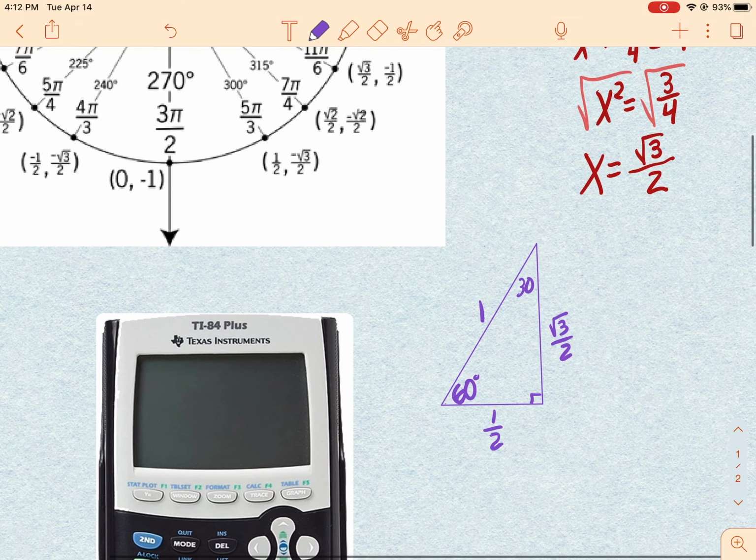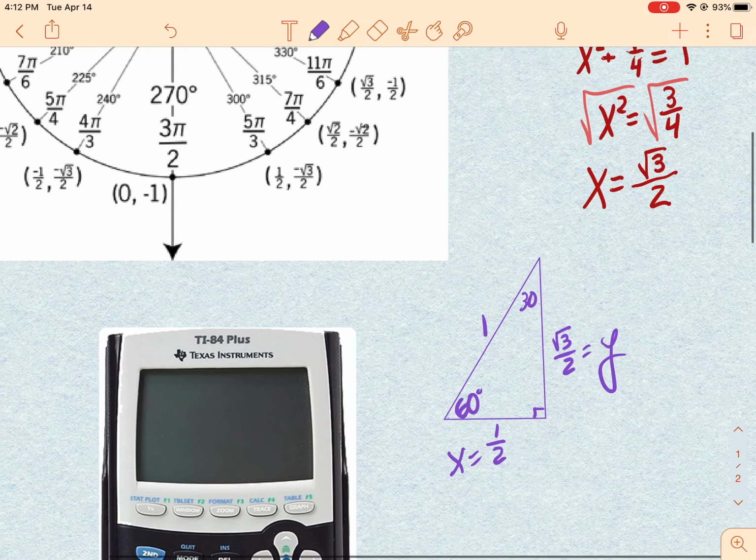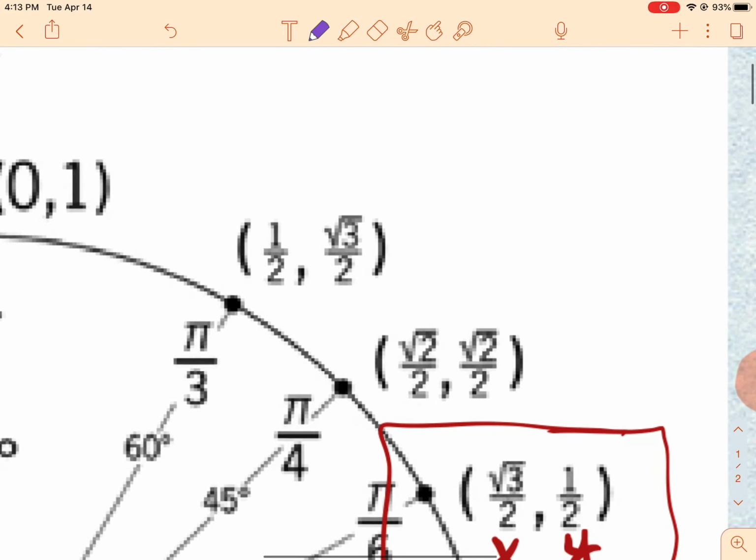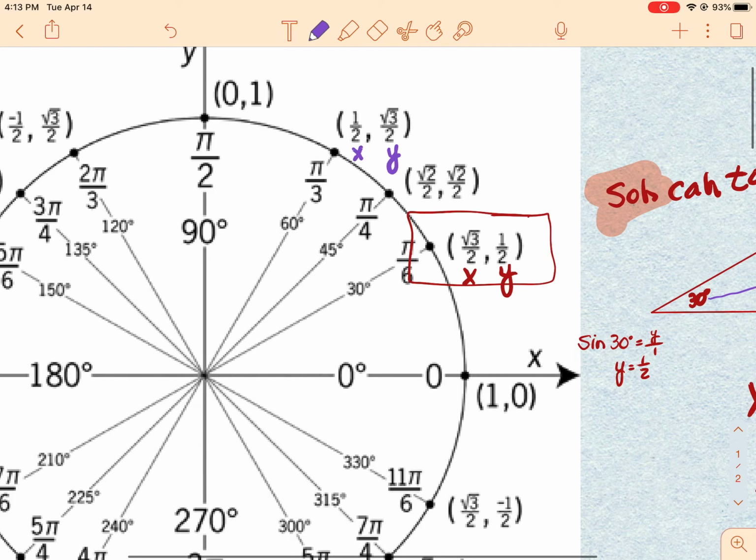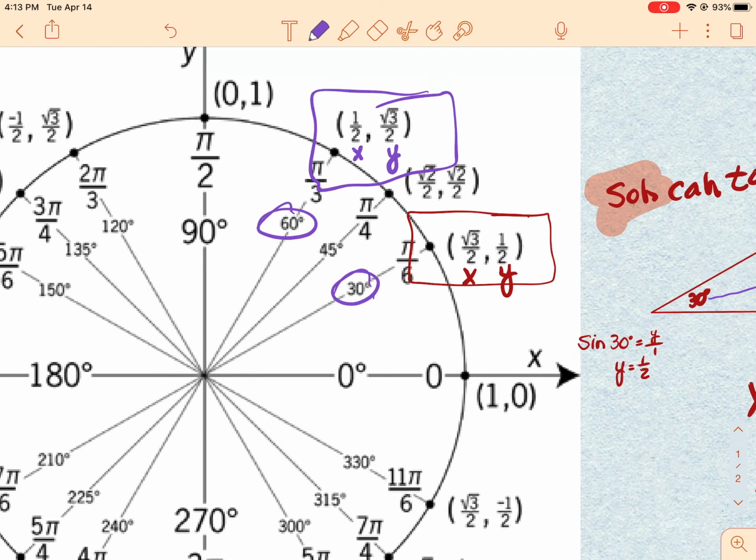So those two values, this is still my horizontal distance, my x, and this is my vertical distance, my y, shows up here. There's my x, there's my y. So the 30 and the 60 are just flipped of each other. The x is the y and the y is the x.